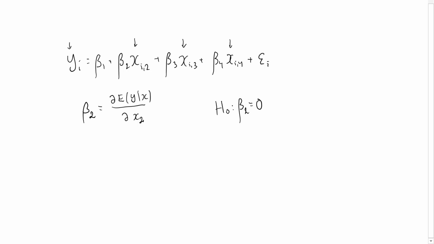We often express this as saying that the marginal effect of the SATV score is 0. Or we say something like the SATV score has no effect on the final result. Such a statement is a statement that we would like to test.